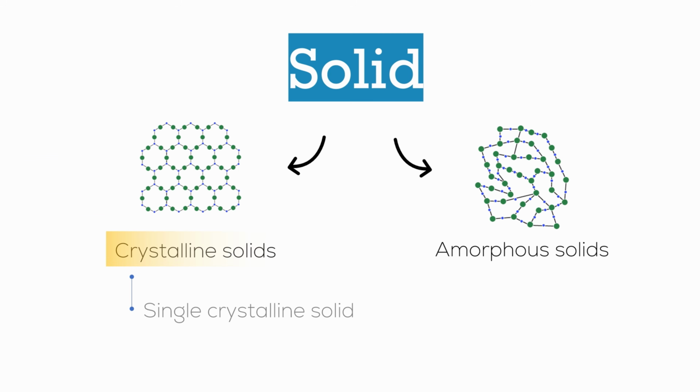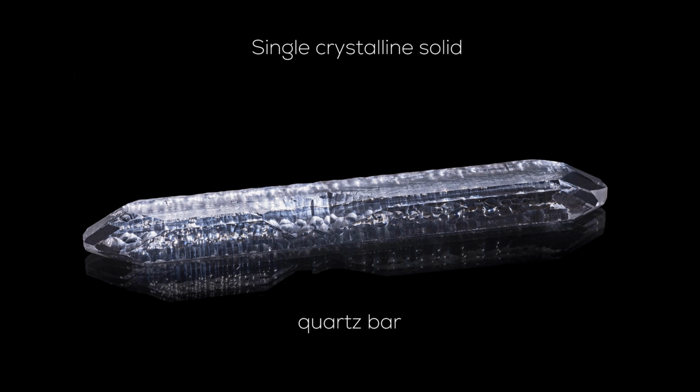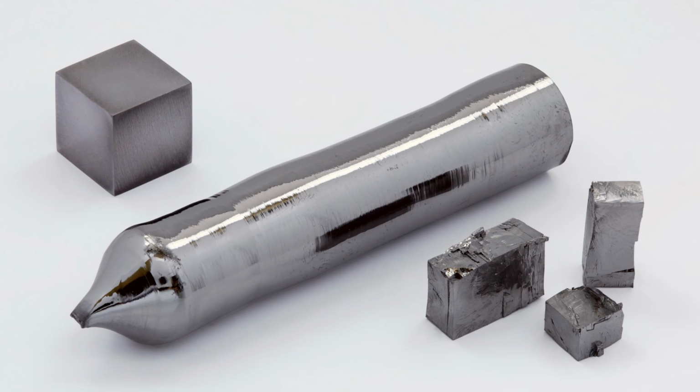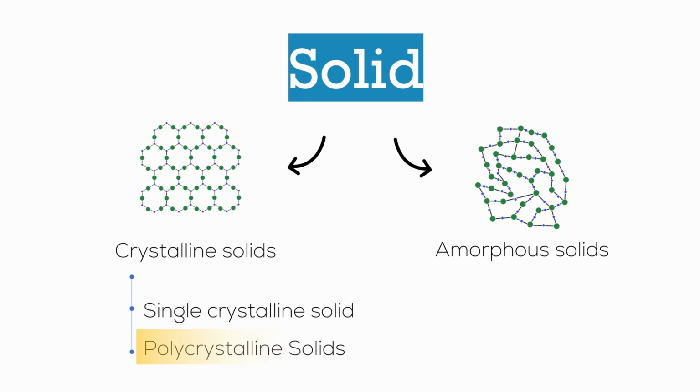Now, crystalline solids can be further divided into two categories. One is single crystalline solid, which consists of a single uninterrupted crystalline lattice throughout the material. These are used in specialized applications such as semiconductor devices and high-performance components. And the second is polycrystalline solid. Most of the metals and ceramics fall in this category.